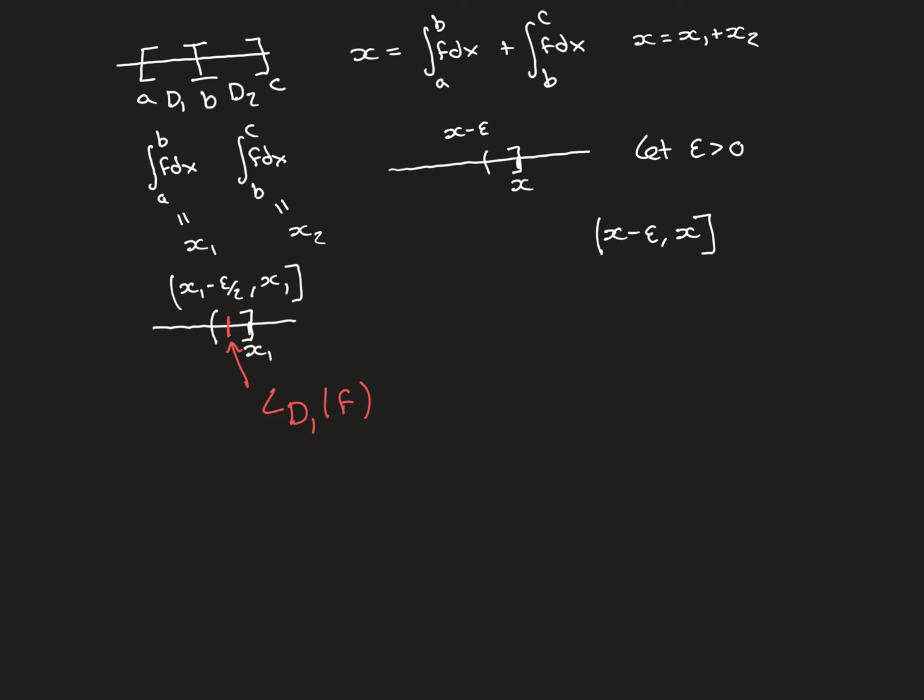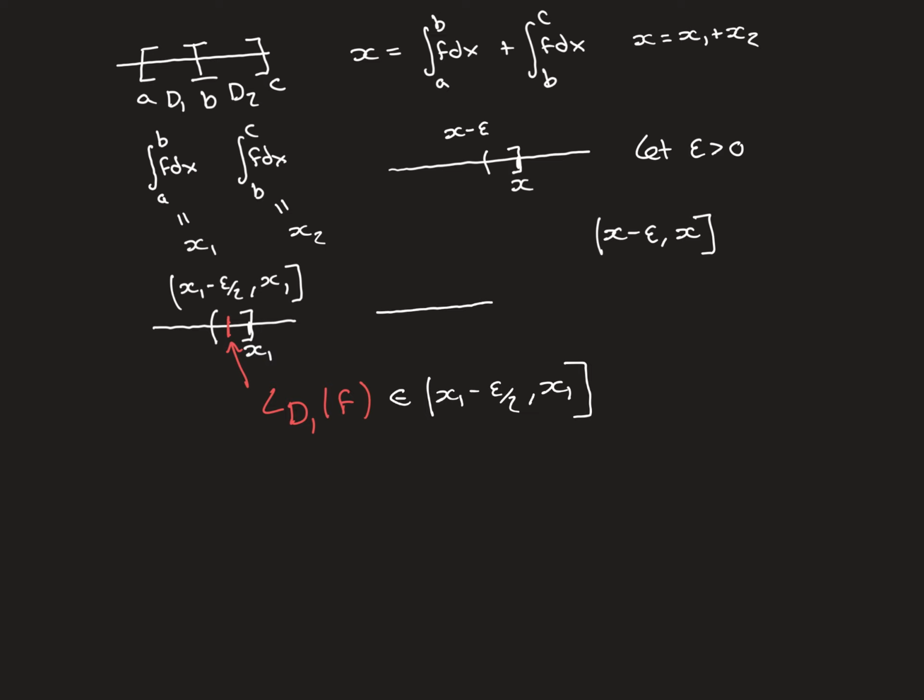So that's why it can't be the case that all of them are less than or equal to this. There must be one that is strictly greater than it. So here it is, the lower Riemann sum over the dissection d1 of f, and it is inside this interval from x1 minus epsilon over 2 to x1.